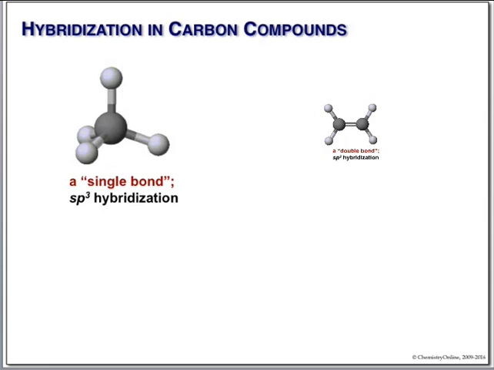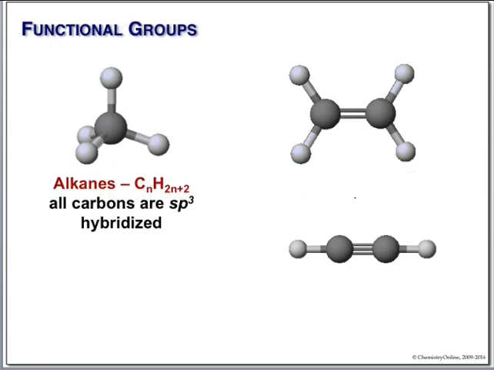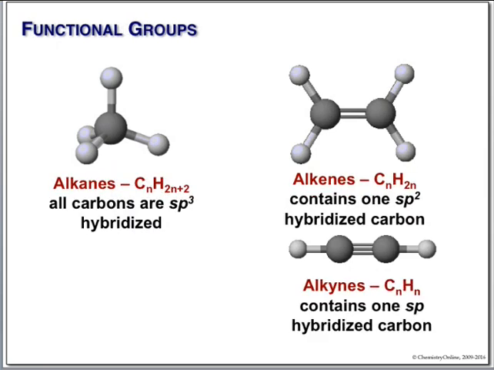So our 3 types of bonding in carbon: sp3, these are single bonds, sp2 are double, and sp are triple. We talk about these in terms of functional groups. Once again, we call this an alkane, an alkene, and an alkyne. Single bonds, at least 1 double bond, at least 1 triple bond.